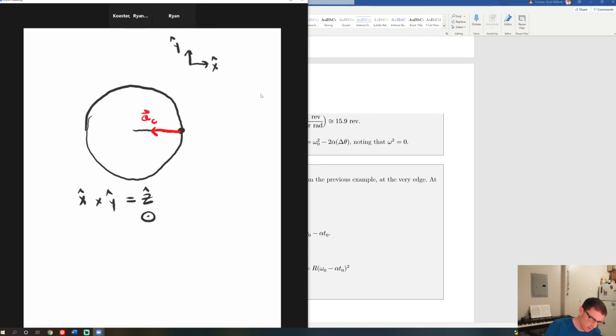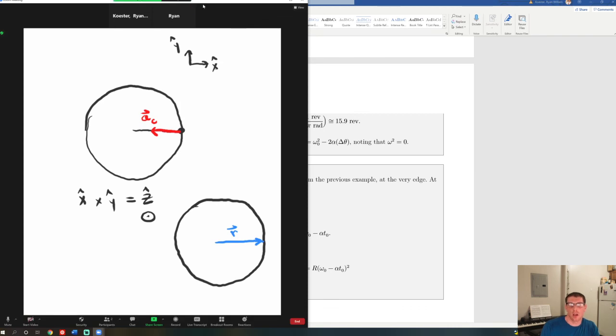And so let me make another quick sketch here and show you what the r vector looks like in this case. I don't want the drawing to get too busy, but this is the exact same carousel, right? And what your r vector would look like for the next part is this. We'll call it r, like that. Okay. And so let me just move this off to the side.